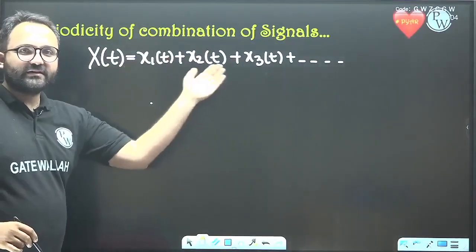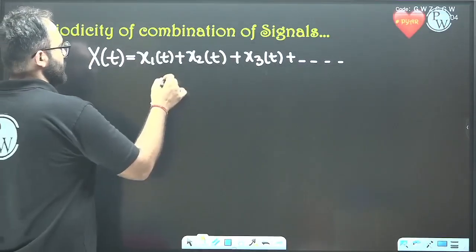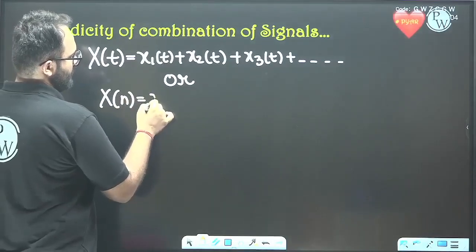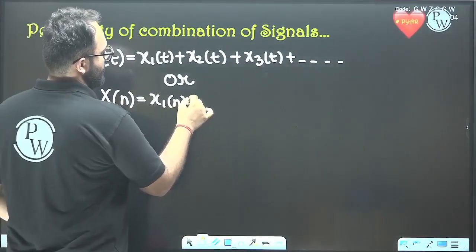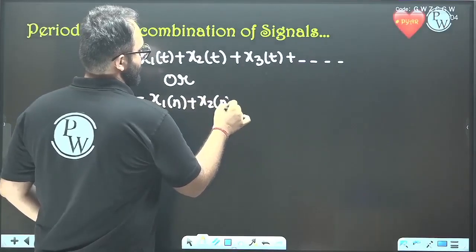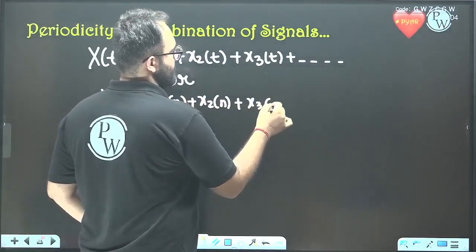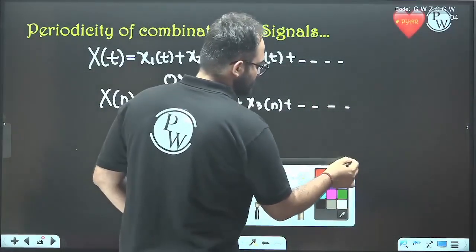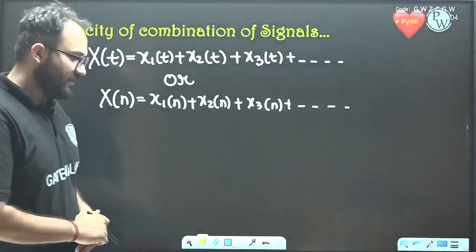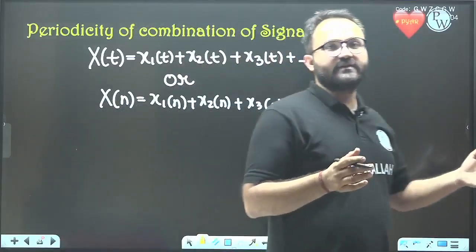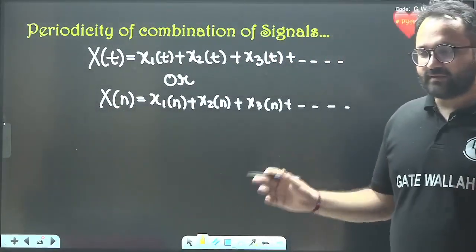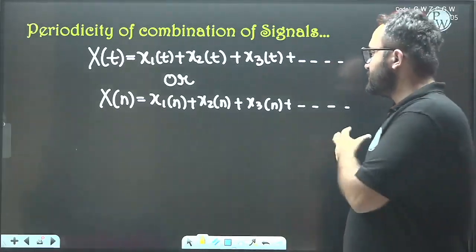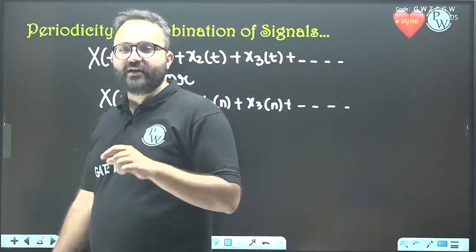There are many other time domain signals which are added, or we have capital Xn, a sum of other time domain signals x1n, x2n, x3n and so on.